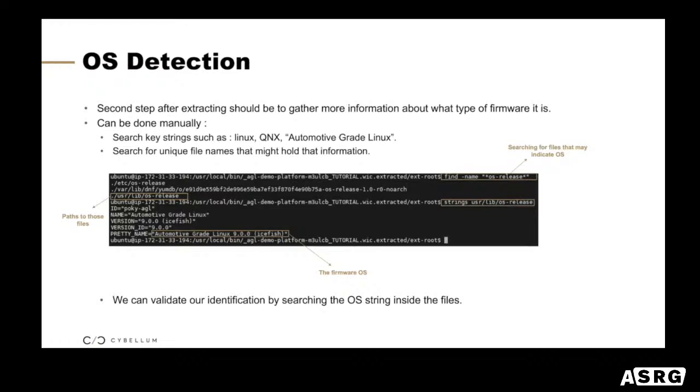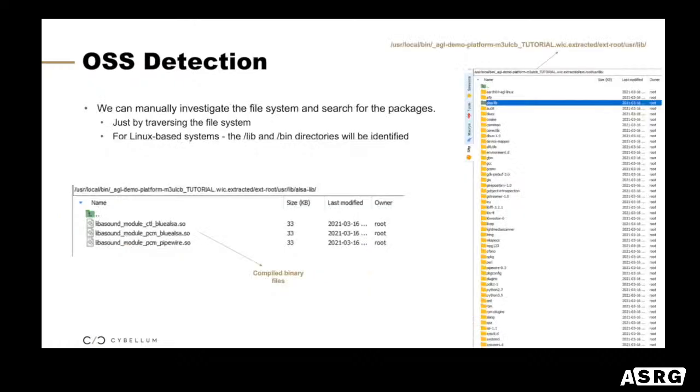You can see here that we identified the location of such a file, and the contents do provide details on the fact that it's AGL9. Now we know the firmware at hand is, or very likely is, an AGL9 firmware. And we can obviously look up additional information to validate our analysis.